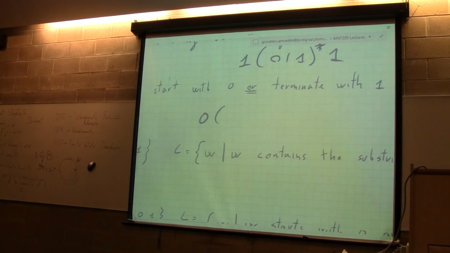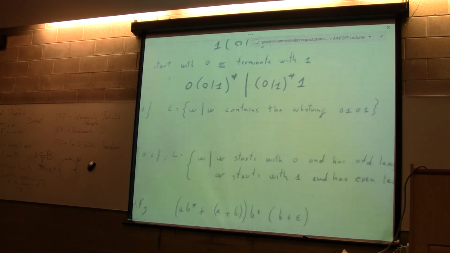Perfect. 0 or 1 star. But you can also have strings which terminate with 1. So you can say or, 0 or 1 star, 1. Okay? So let's do some more.